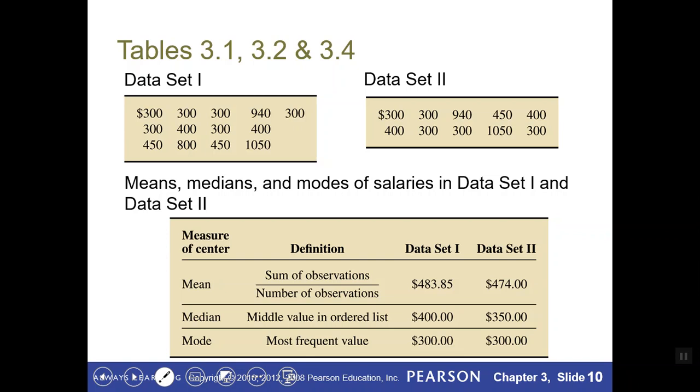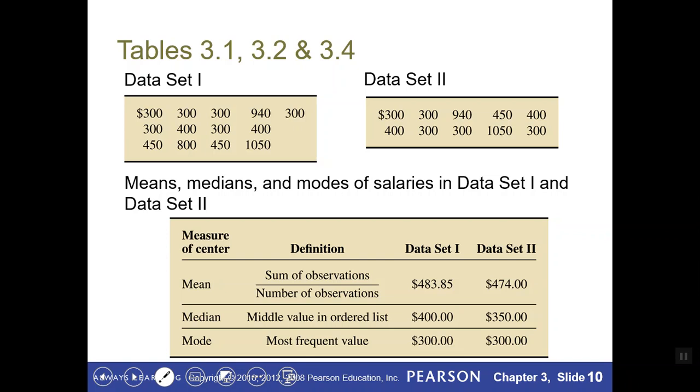As you can see here in the last table, measure of center, mean, definition: sum of observations divided by number of observations. For dataset 1, mean is 483.85. For dataset 2, mean is 474.